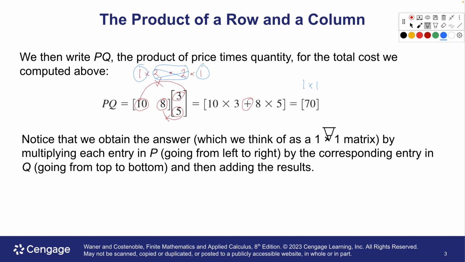Okay, so that's what this is all talking about. So we're going from left to right, and corresponding entries we're multiplying, and then we add those results together.